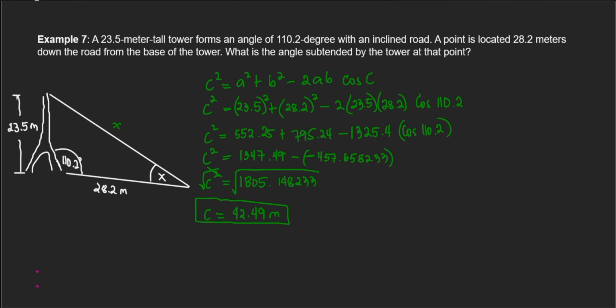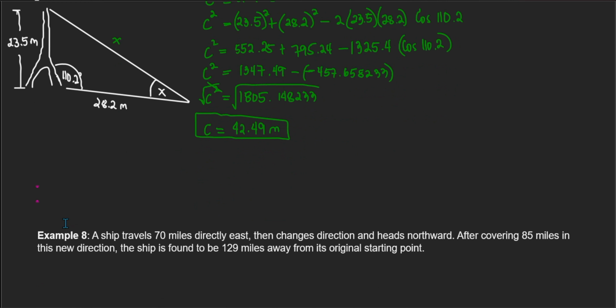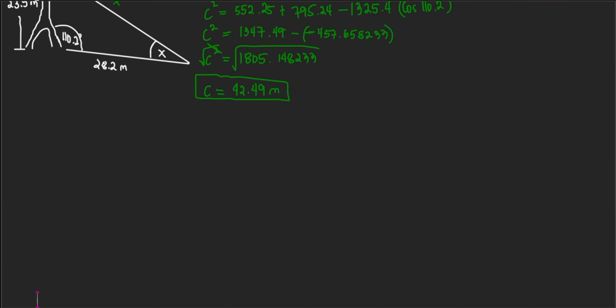Now, ang hinahanap po natin is the subtended tower. So in this part, we can use the law of sine para at least madali lang yung process natin. Okay? So the first process natin is we have sine A over A is equal to sine B over B. Okay?